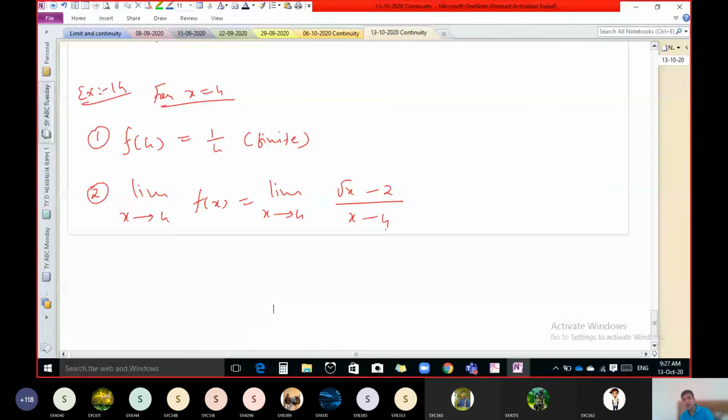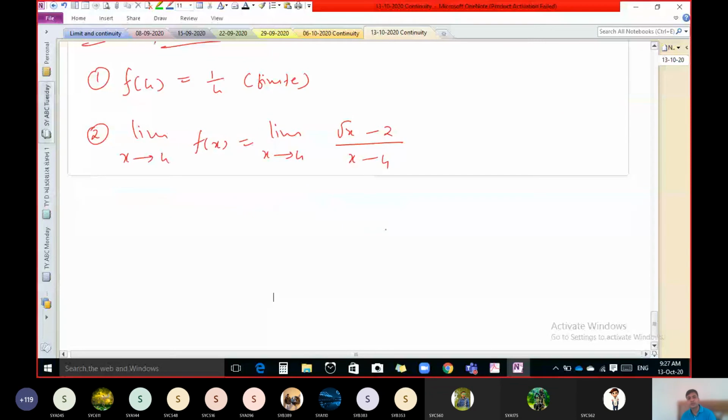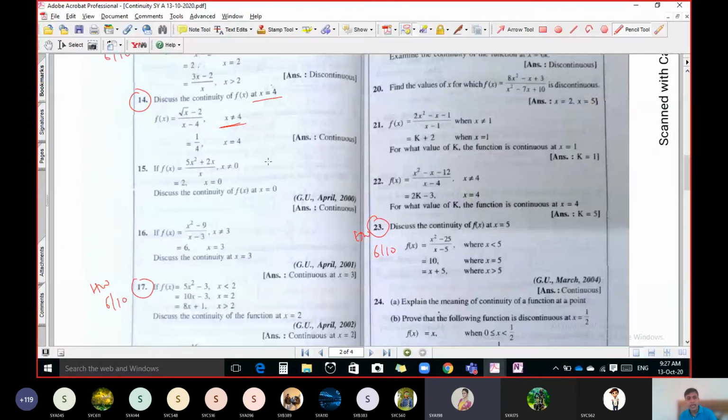Now can you tell me what we have to do? Sir, in the denominator, explain once again. See, x is not equal to 4 means either x is more than 4 or less than 4. This is the only function.